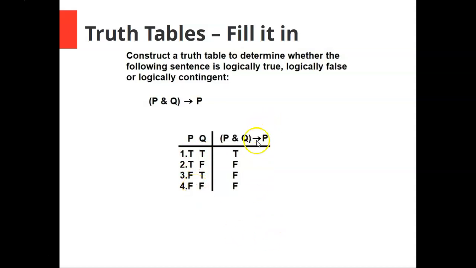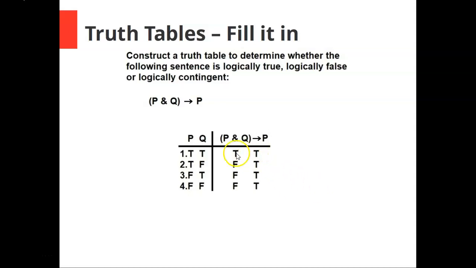Now we can fill in the conditional. The antecedent of the conditional is the conjunction, which we just filled in, and the consequent is P, which is over here. So we follow that same rule. A conditional is only false when the antecedent is true and the consequent is false, like in line... Oh, look at that. There's no lines like that. This is true.